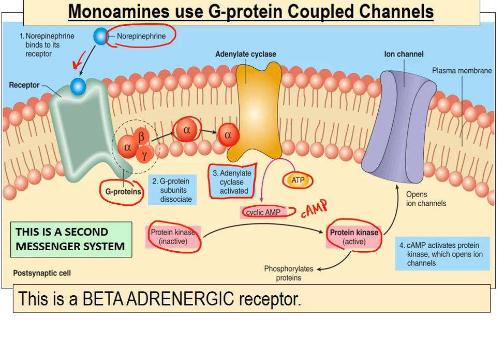An active protein kinase's function is to add phosphate to proteins, so it phosphorylates proteins. This active protein kinase also opens ion channels, and so ions can flow into the cell and create a depolarization event.